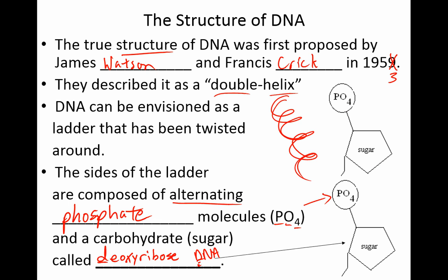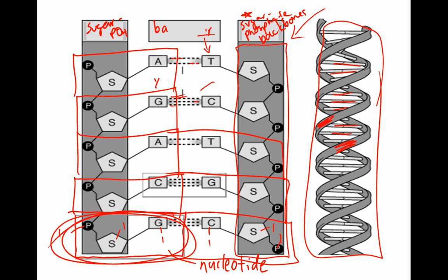I need you to be able to show me that the A's always bond with the T's and the C's with the G's. I also need you to be able to identify the nucleotide as being comprised of a single phosphate, a single sugar, and a single base. That base could be A, T, G, or C. All right, so I'll see you in the next module.